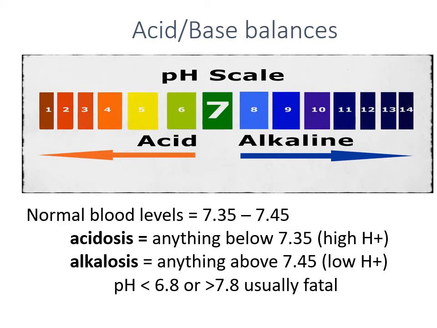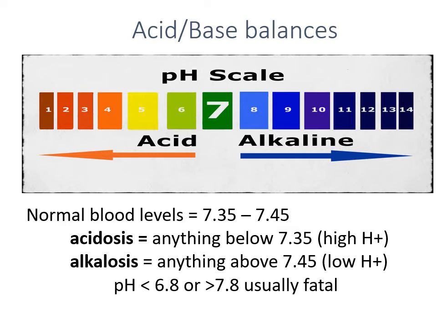So if you're producing a lot of acids, the pH scale, it's not intuitive, but the pH scale will drop. So for example, a pH of 7 is acidotic. So as you're adding H+, you're actually dropping on the pH scale. So for example, battery acid would have a pH of 2 or 3.